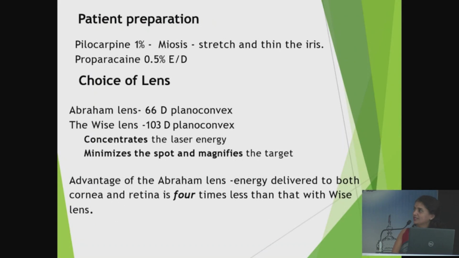Once a patient is chosen for laser iridotomy, we put pilocarpine 1% eye drops to induce miosis. This in turn causes stretching and thinning of the iris. We also use proparacaine eye drops. We can use either the Abraham lens or the Wise lens. These lenses are used to concentrate the laser energy, minimize the spot size, and magnify the target.